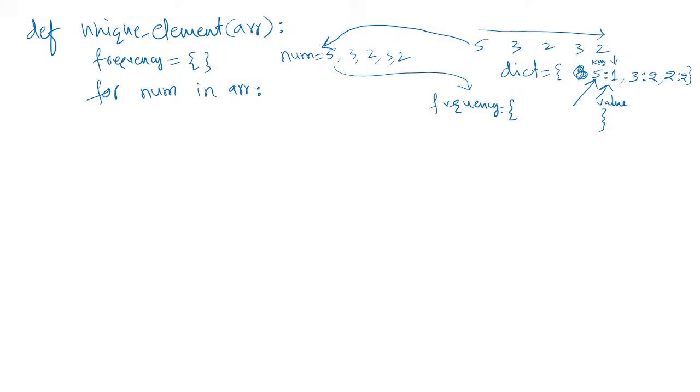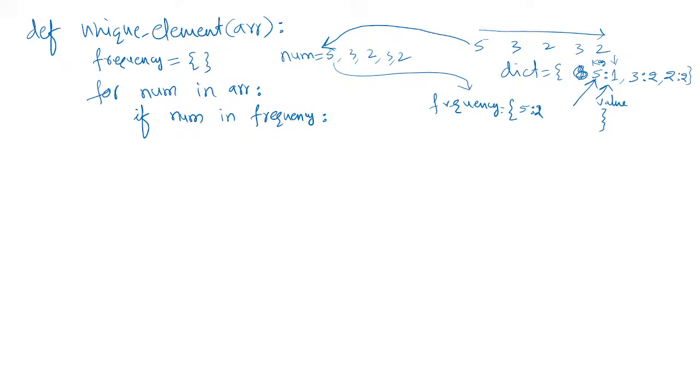You can say if num in frequency. That means if this num, say 5, is already present in the frequency, it might have already been stored like this, 5 and 1. Then I need to add one to the value of key 5, so I should increment its value.